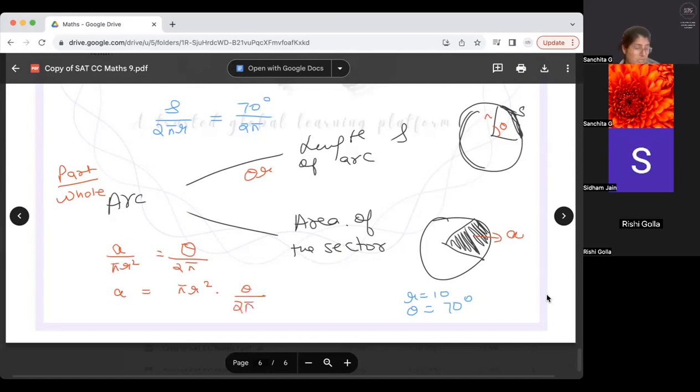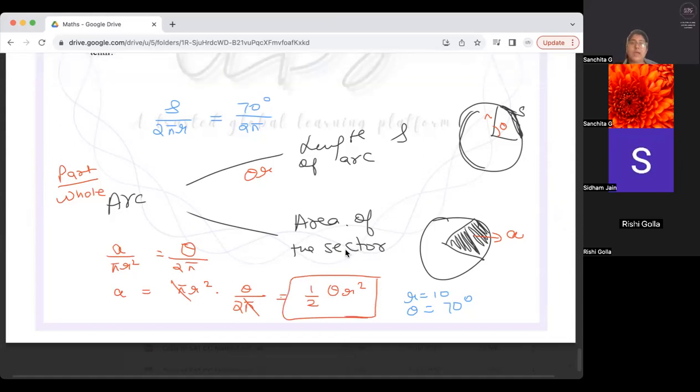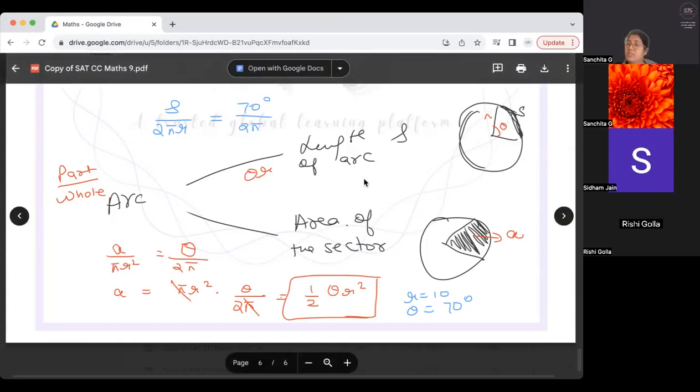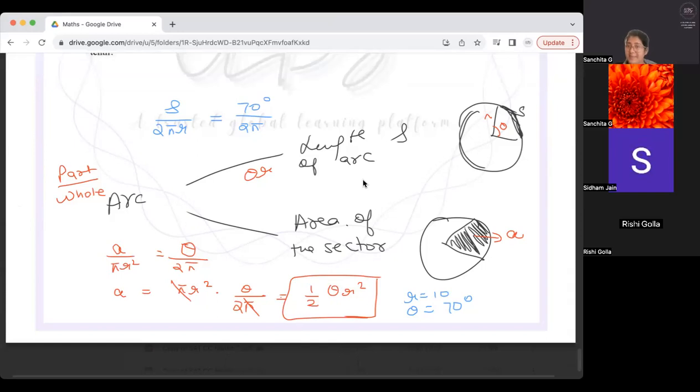Pi cancels out and it's going to be half theta r square. This is my formula for the area of a sector. Area of a sector is half theta r square. Length of a particular arc, minor arc, is theta r.